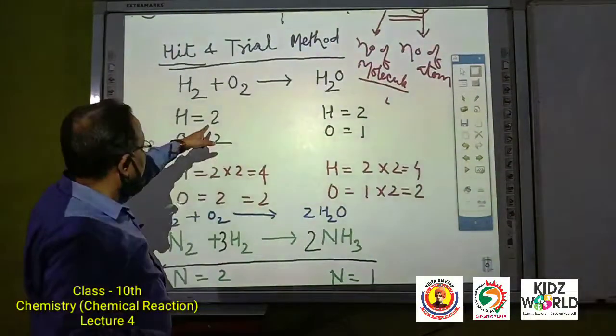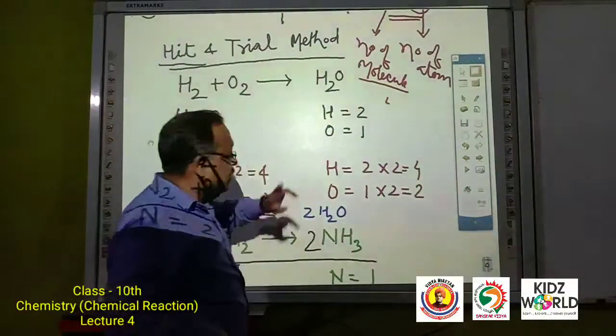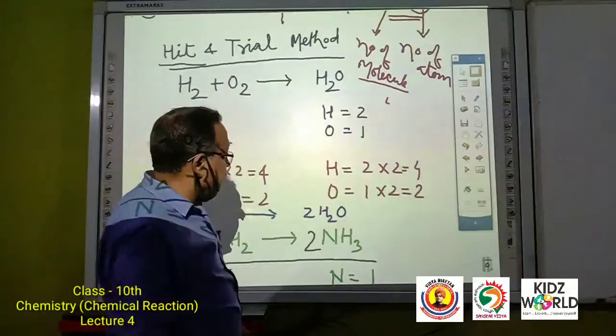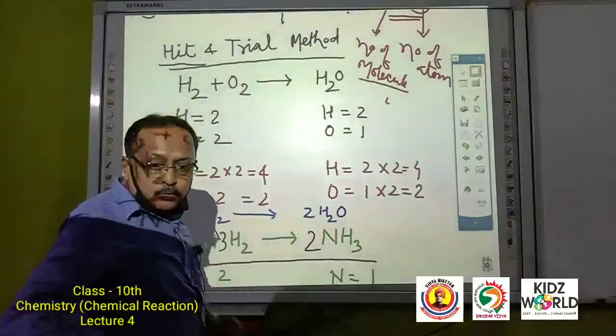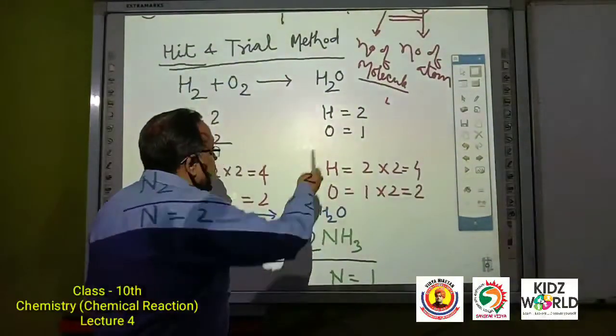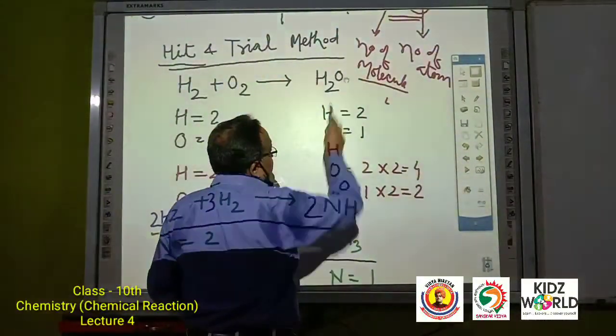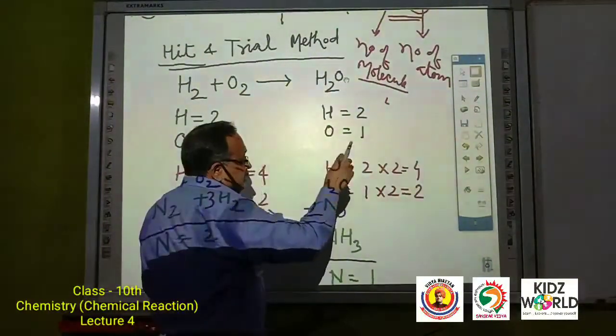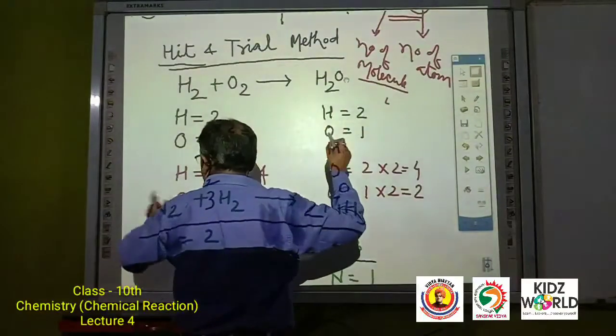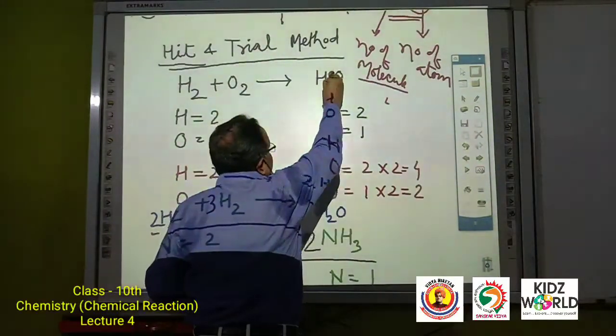All of you see here, hydrogen is balanced, oxygen is not balanced. I have told you we will not change this number. We will change only the number of molecules. So we can't put a number here.